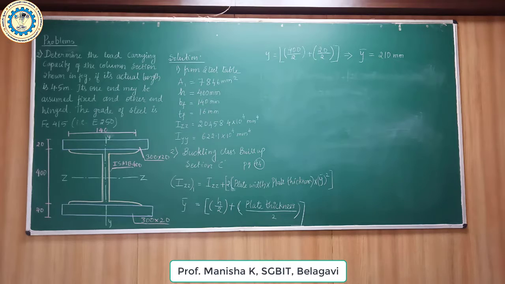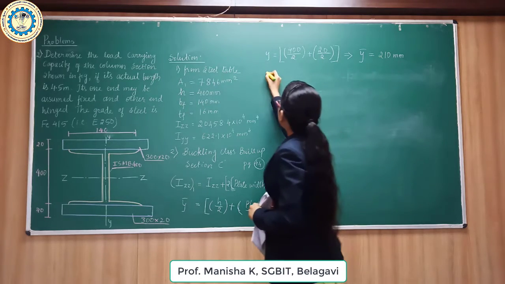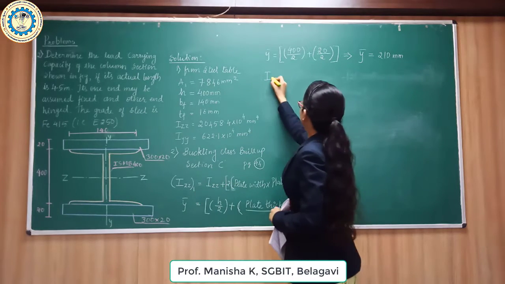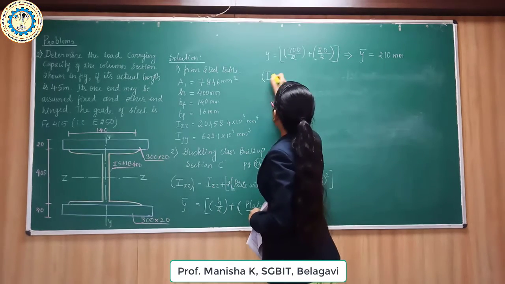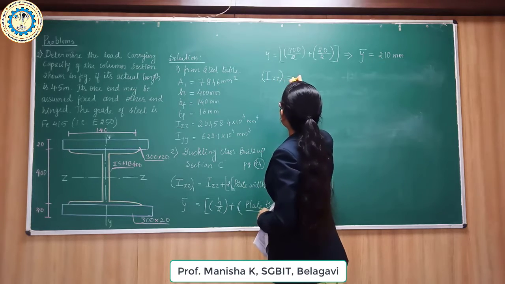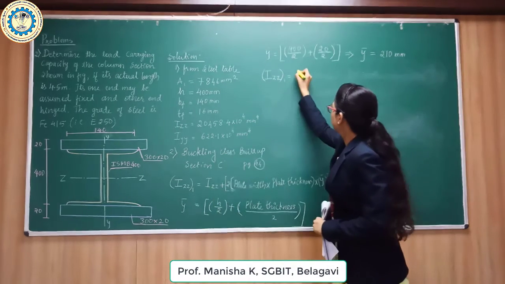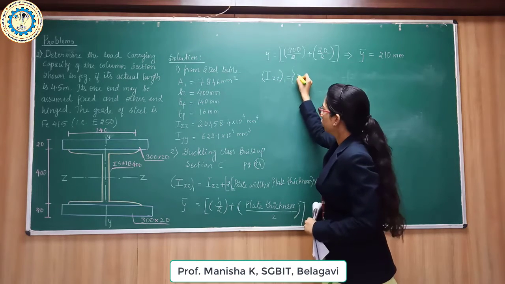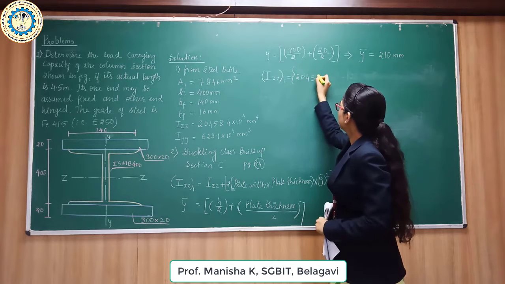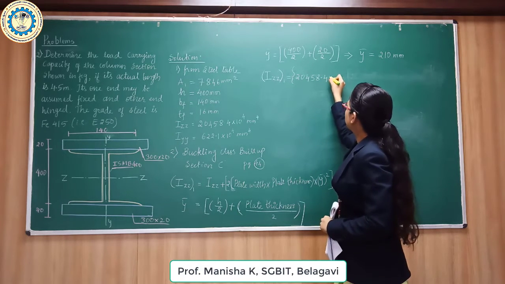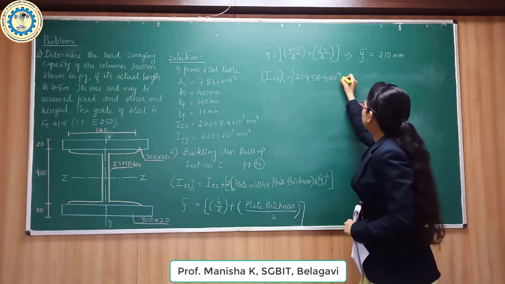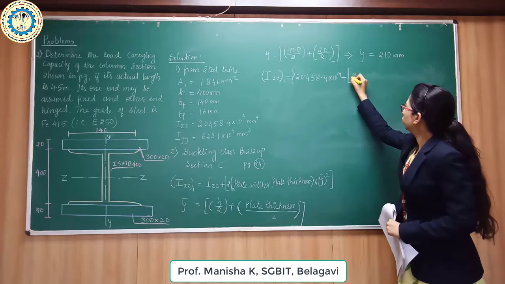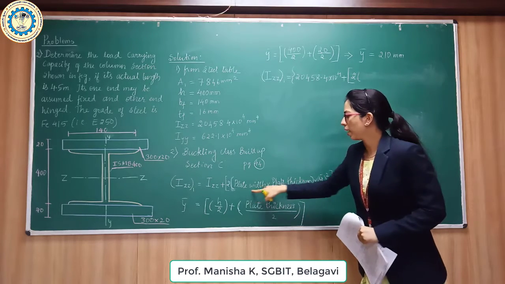Fine. Now let us begin with the calculation of IZZ of 1. What is IZZ? IZZ is this value, plus 2 into plate width.